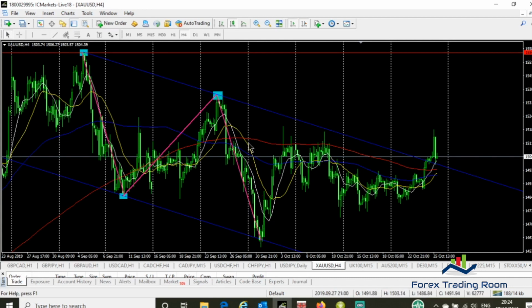So we can see the market is grinding its way down.